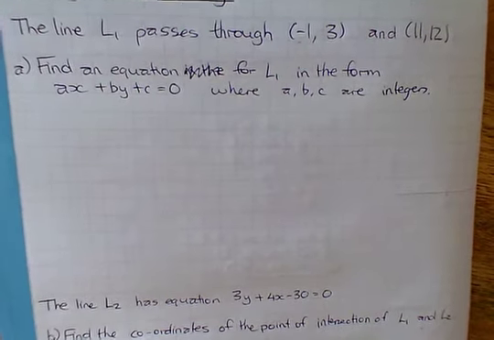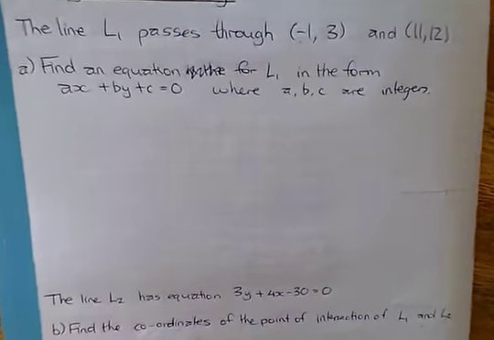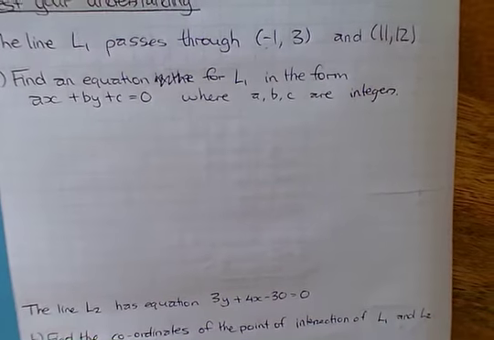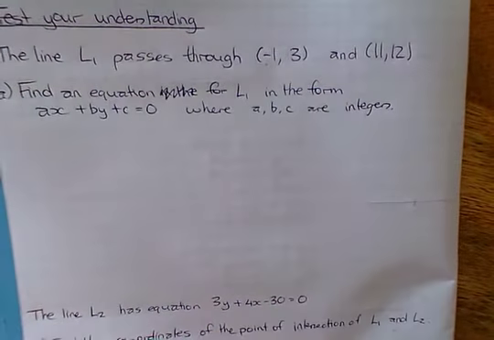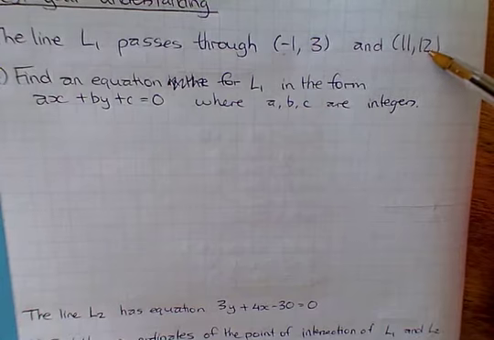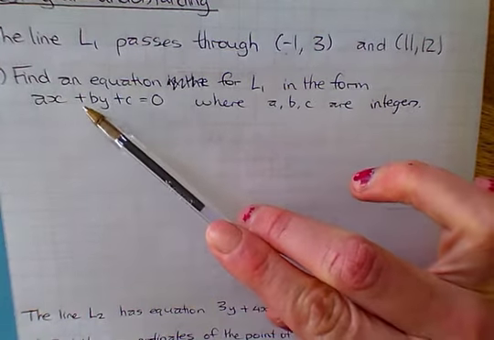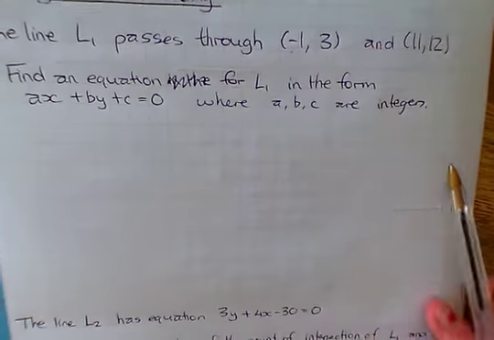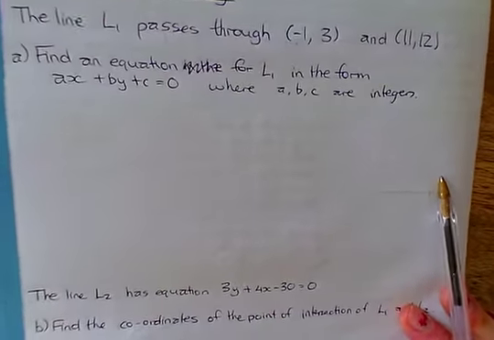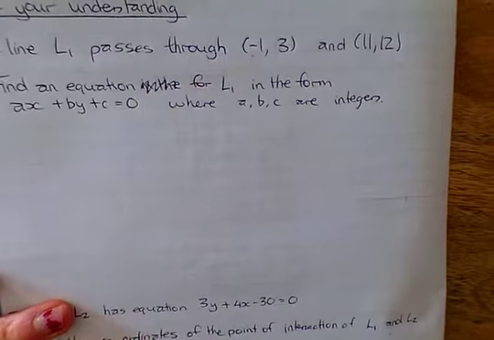Okay, hopefully having done that, if we run through the solutions to that one here, we've got the line L1 passes through the points -1, 3 and 11, 12. Find an equation for L1 in the form ax plus by plus c. So the first thing that I'm going to do is find the gradient.